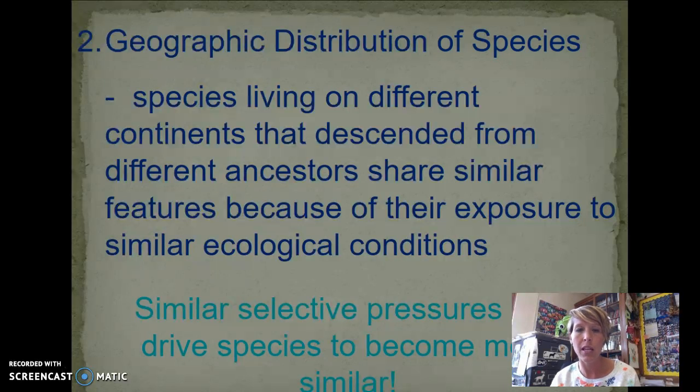But what this is saying is that Darwin saw, or scientists see, that we have organisms that live on total different sides of the planet, yet seem to have some similarities between them. And that's because the environment can actually drive organisms to become more similar. If you're exposed to the same environmental conditions, organisms have evolved traits to survive in those environmental conditions.